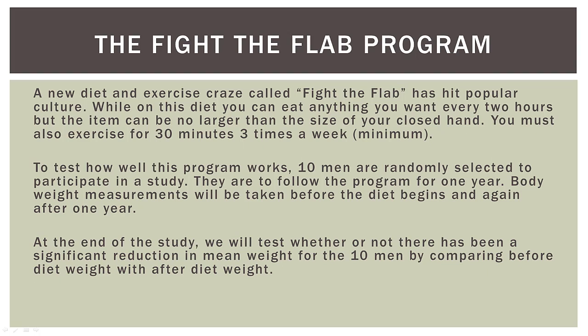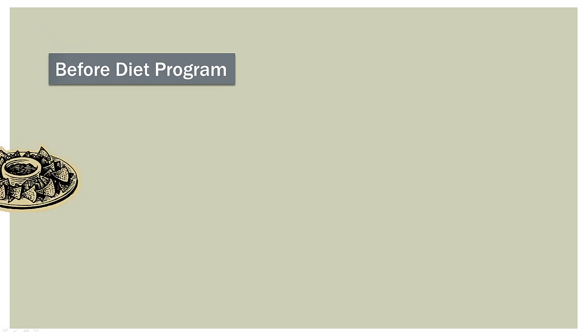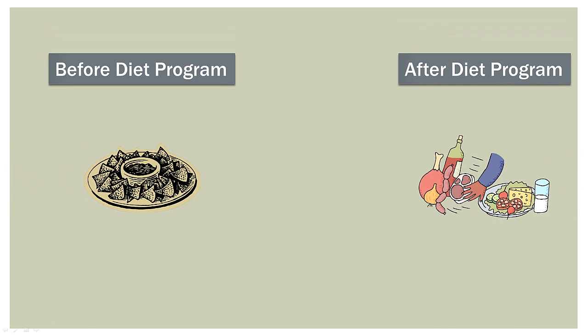At the end of the study, we will test whether or not there has been a significant reduction in mean weight for the 10 men by comparing before the diet weight and after the diet weight. So we're looking at the same 10 individuals before and after, and they're only being compared on their own measures, not anyone else's. So we have the before diet program and the after diet program.